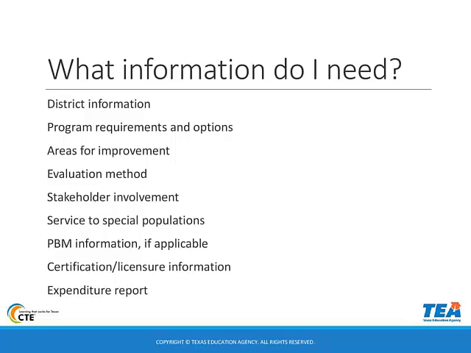And it'll talk a little bit about articulation with post-secondary, the services to special populations, program access, financial management and accountability. And what you do is you go through and you answer yes or no to each one of those questions, and then you have to provide evidence to support your answer.